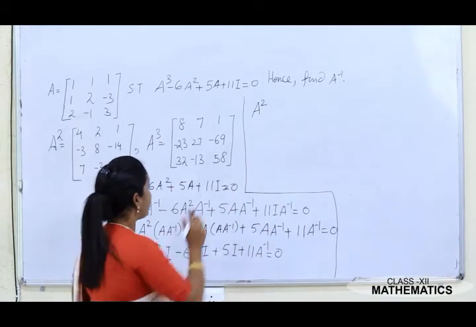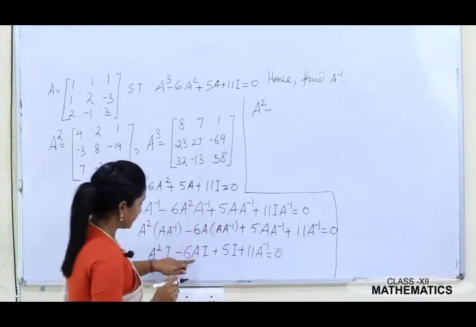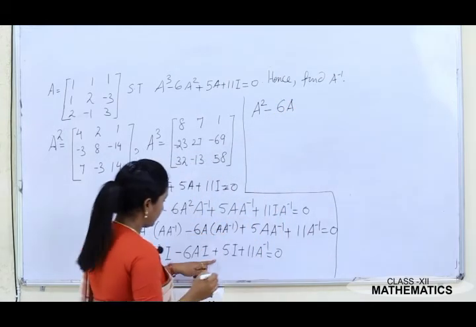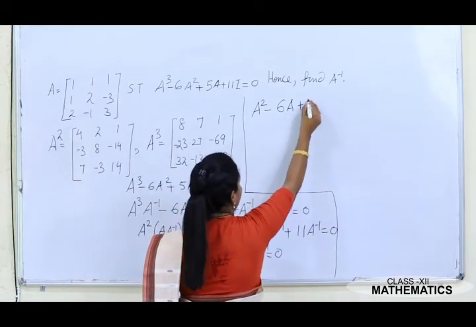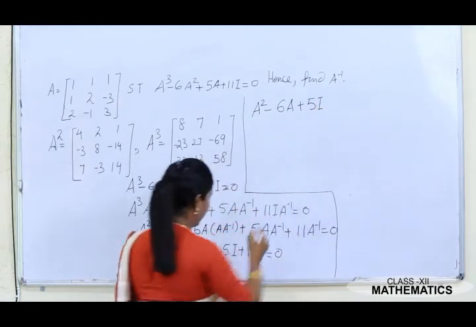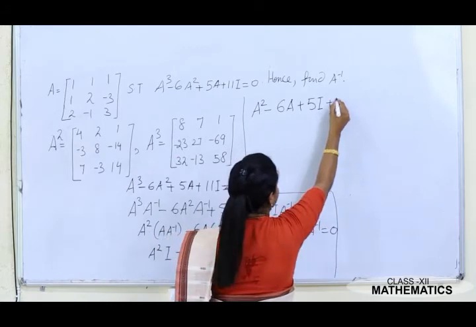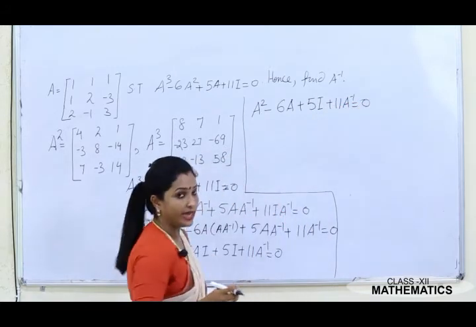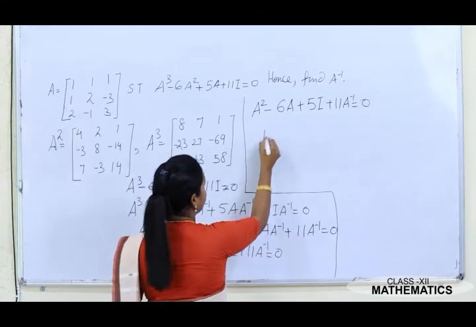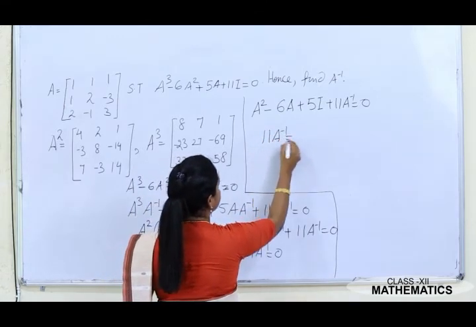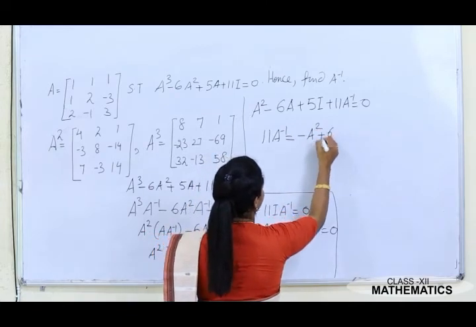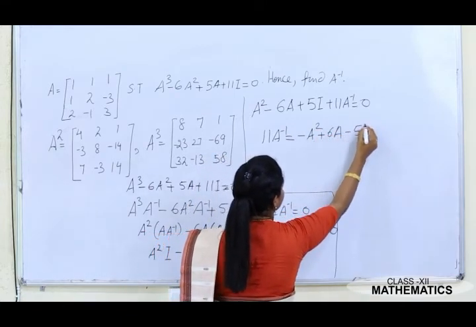So it is a square minus 6a into I is nothing but 6a. Okay. Plus 5i. Okay. Plus 11a inverse is equal to 0. So you have to find a inverse. What will you do? 11a inverse is equal to minus a square plus 6a minus 5i.